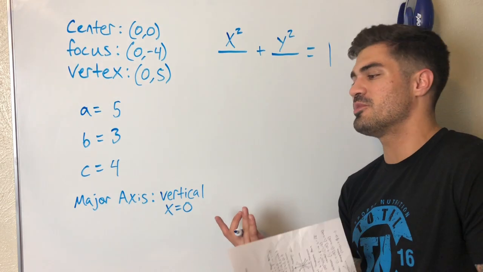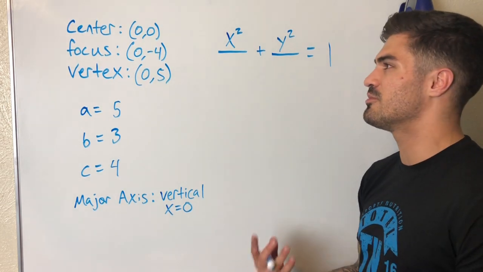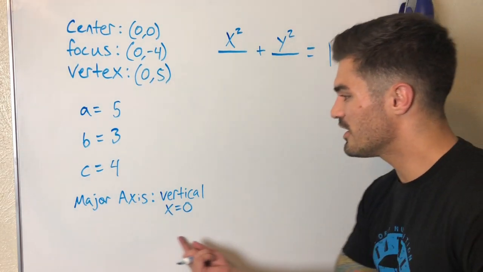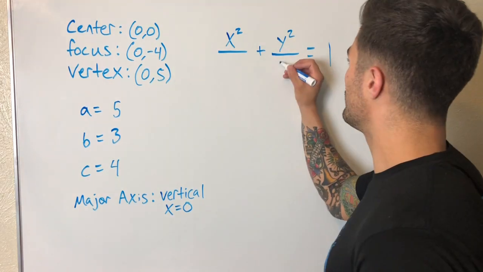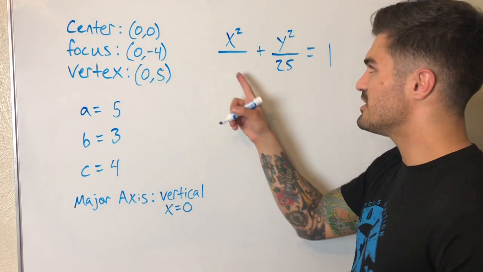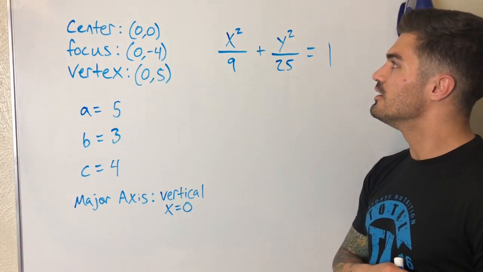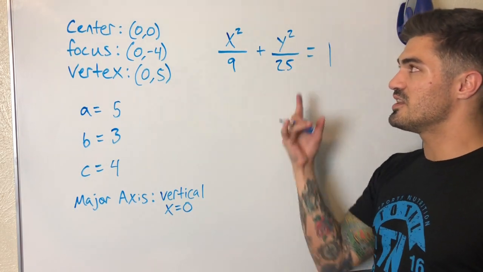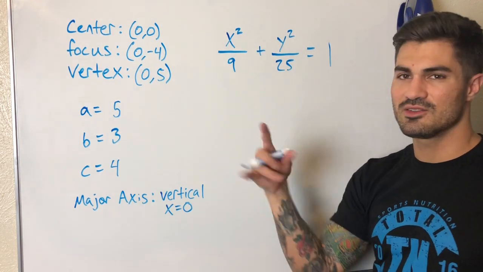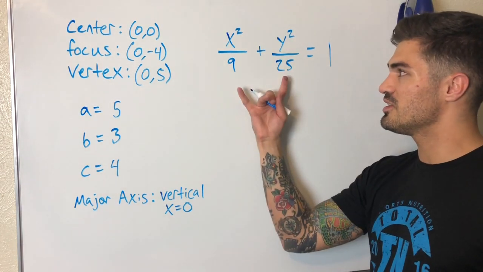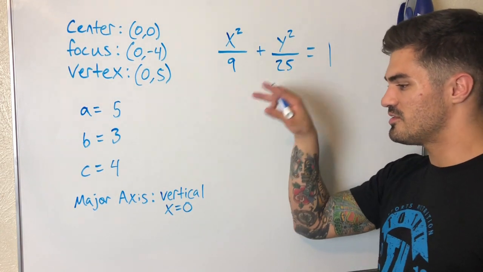That's one way to remember it, but you can also just memorize the formula, or whatever works. So our a squared is under the y, so under here we have 25. And that means this is our b squared, so this is 9 here. The x and y just stay in the same place. It's addition, so the order doesn't matter. The only thing that changes is the a squared and the b squared.